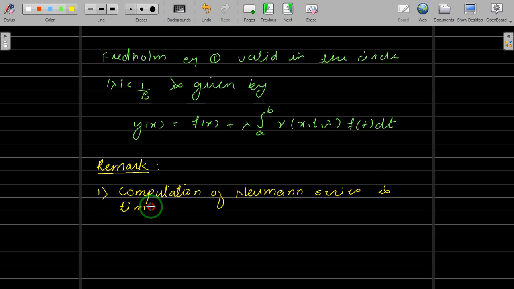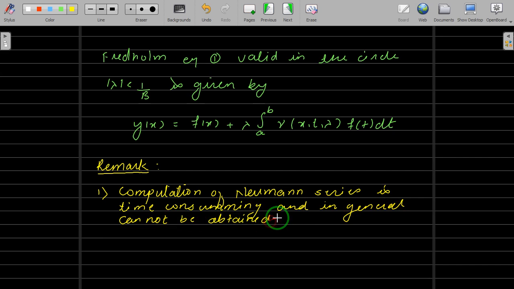You need lots of time to get these k_i's, and then you get the series, then you have to find the sum. In some cases you can find it, but in general it cannot be obtained in terms of some known function.